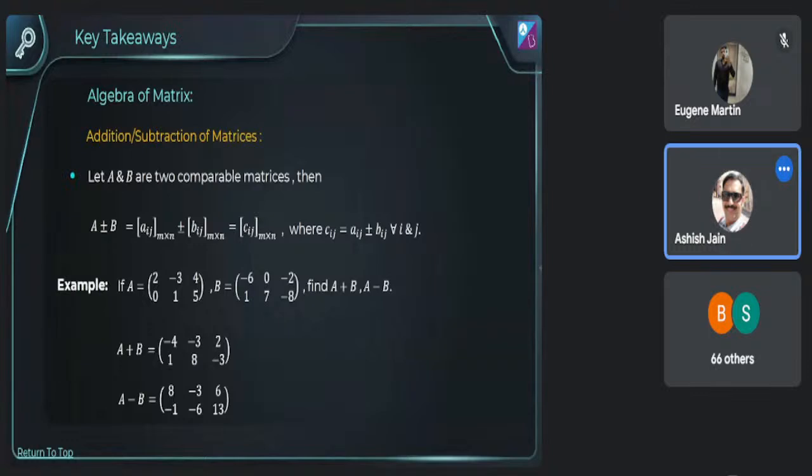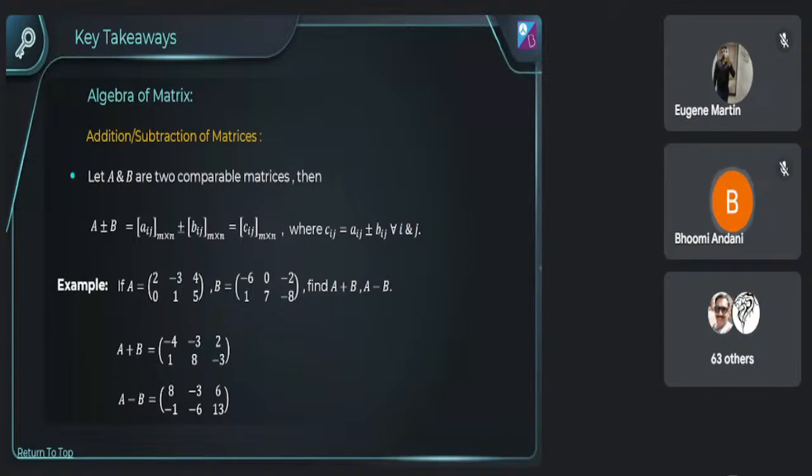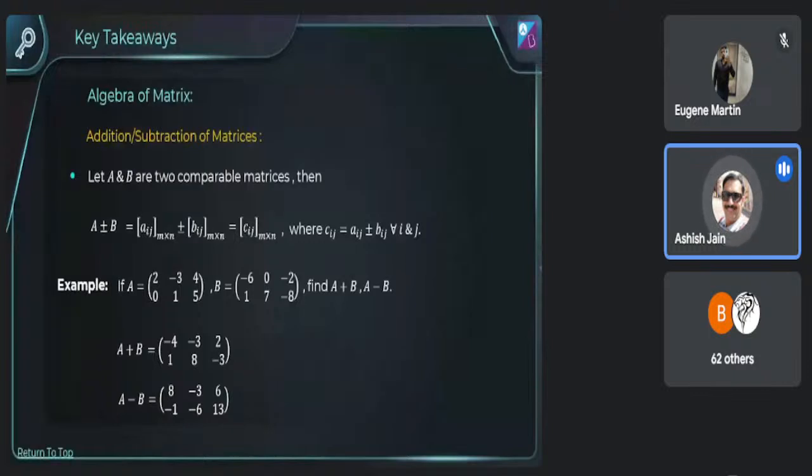Order means how many rows and columns it has? So 2 into 3. Yes, capital A matrix, and the dimension of capital B is also 2 rows and 3 columns. Since both the matrices have the same number of rows and columns, they are comparable.